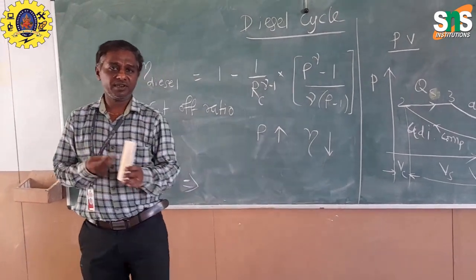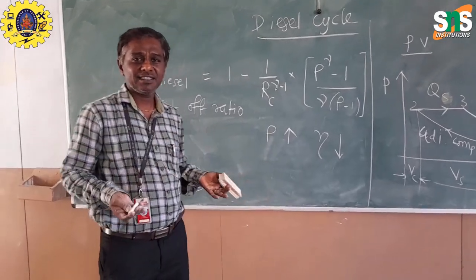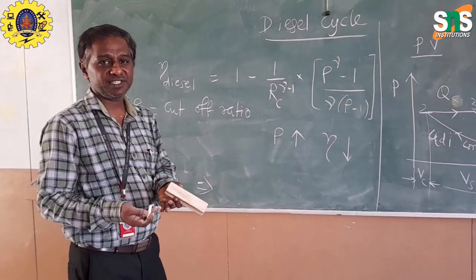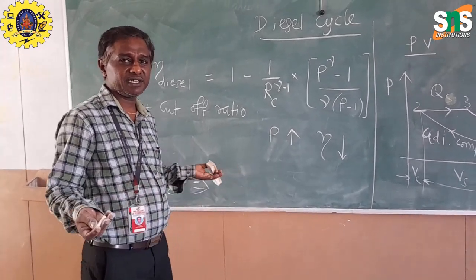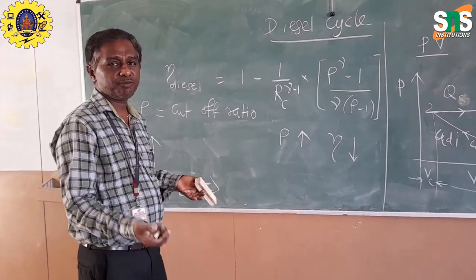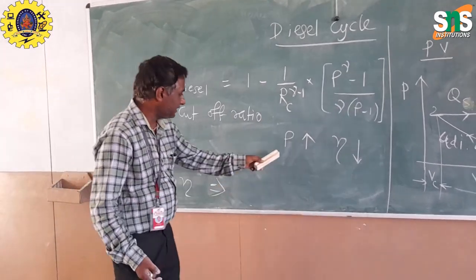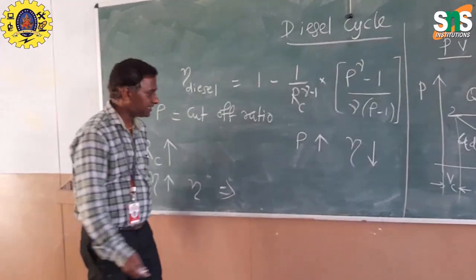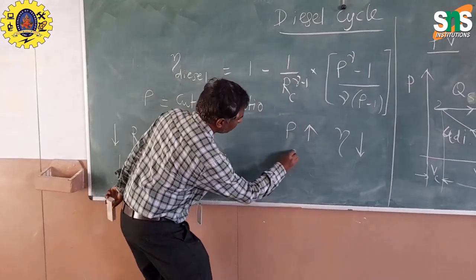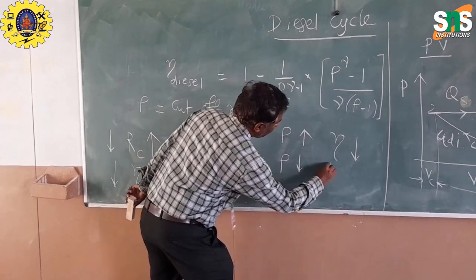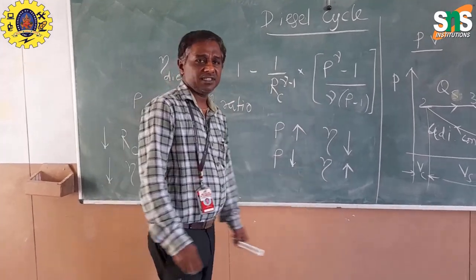If heat supply is stopped, the amount of heat energy is limited, so we will not get more power output, and the efficiency will drop. So if the cutoff ratio increases, the efficiency of the diesel cycle decreases, and if the cutoff ratio decreases, the efficiency increases.